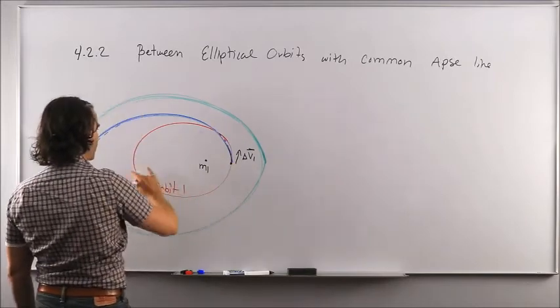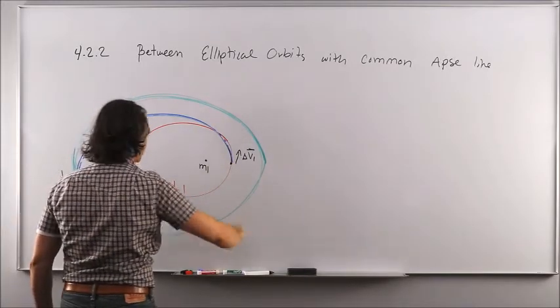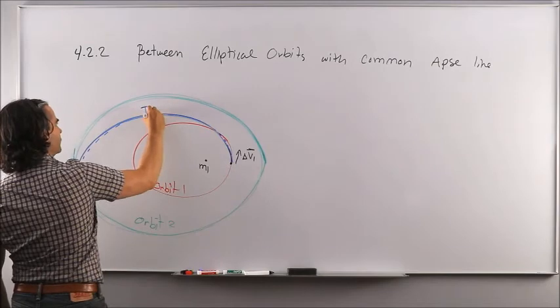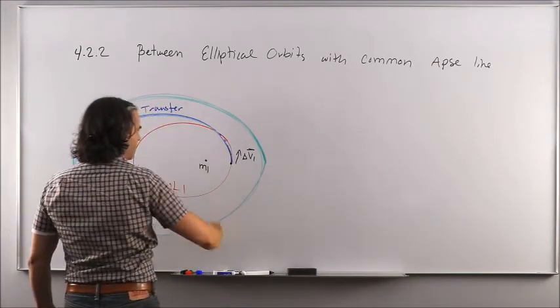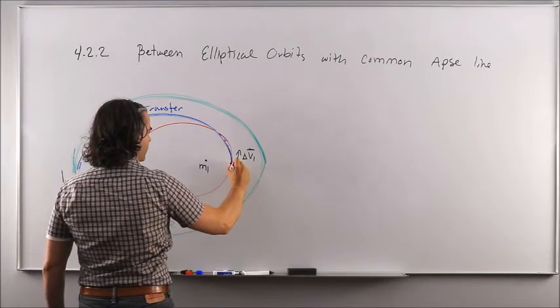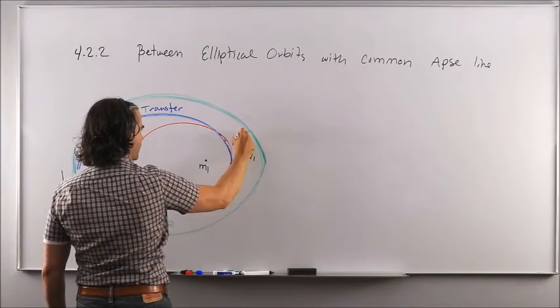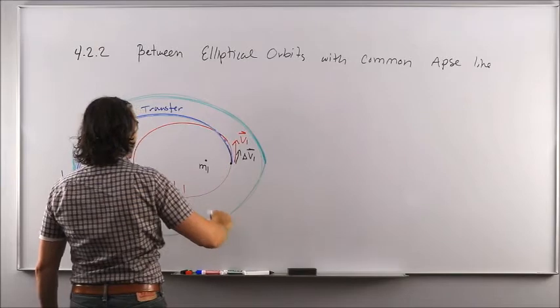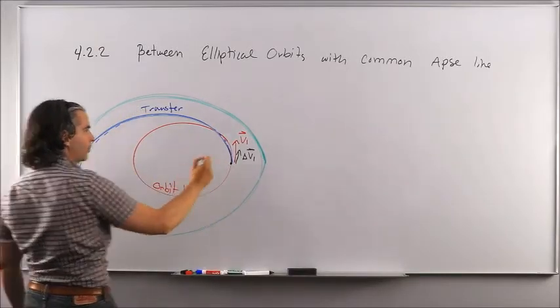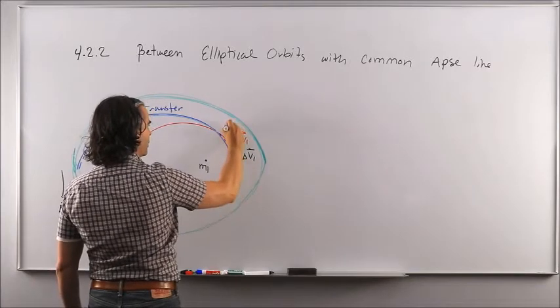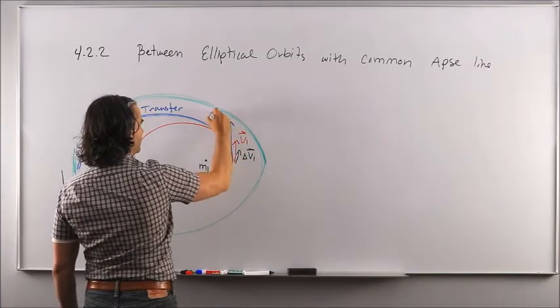Now, let's scale things properly. So orbit 1 is smaller than the transfer orbit. So I'm going to draw V1 like this. And the speed along the bigger transfer orbit compared to orbit 1 has to be larger. So I'm going to draw V2 like this.